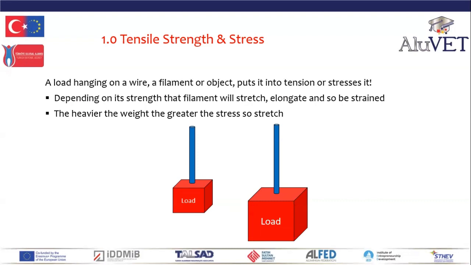Assuming we keep the filament exactly the same, so same dimension, same strength, and change nothing, depending on its strength, that filament will stretch, that is, elongate under the hanging weight. The heavier the weight, the greater the stress, so the resultant stretch of the filament. So if we change nothing about the filament and hang a bigger weight on it, we will stretch that filament more.